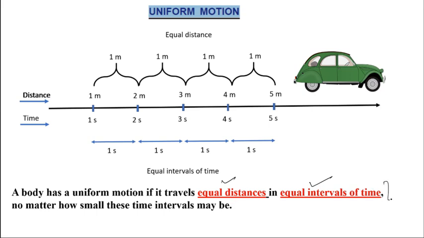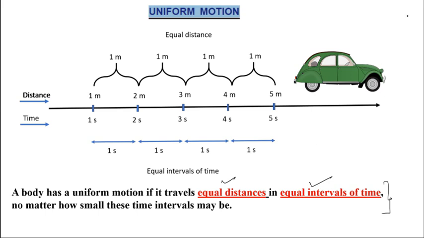If you write your definition in such a way that the keywords are underlined properly, then that gives you a good impression as far as your exam scores are concerned, as far as the evaluator is concerned, right?